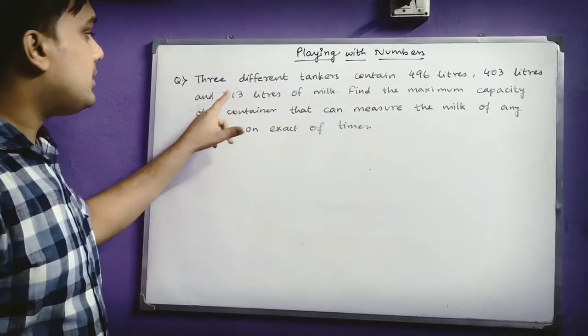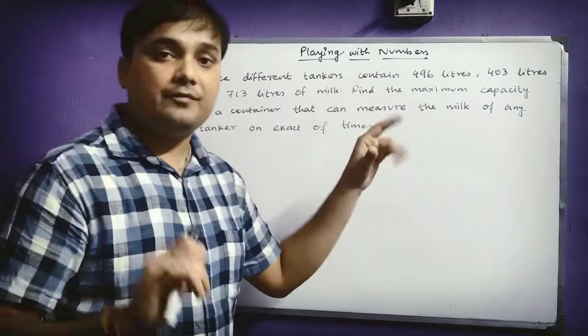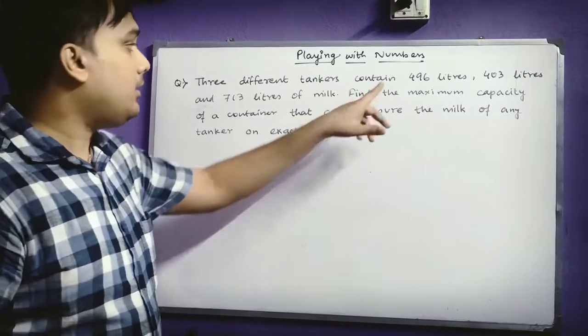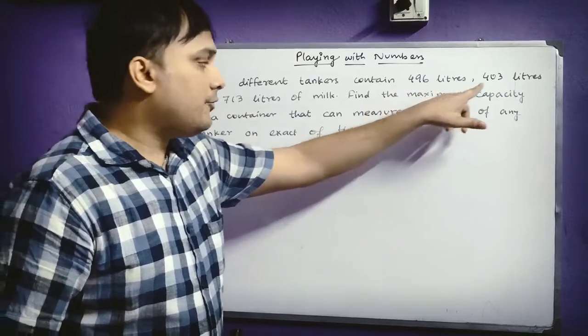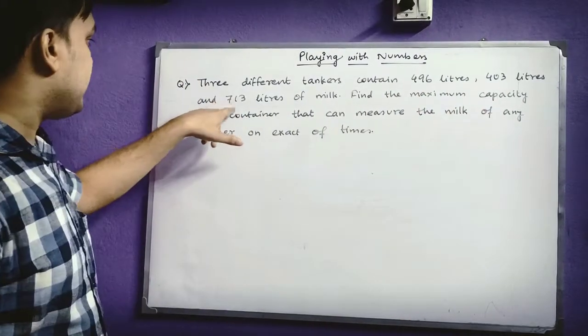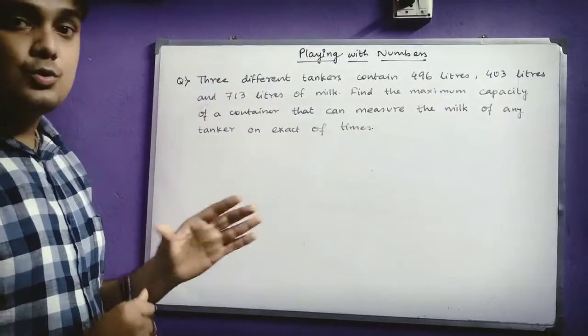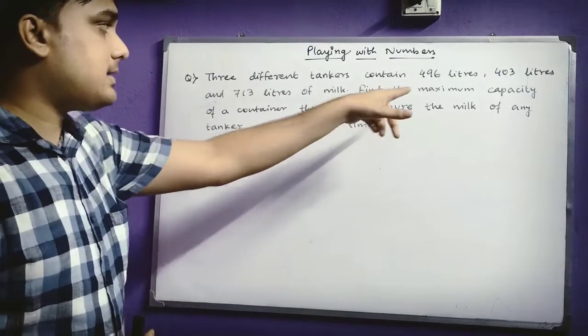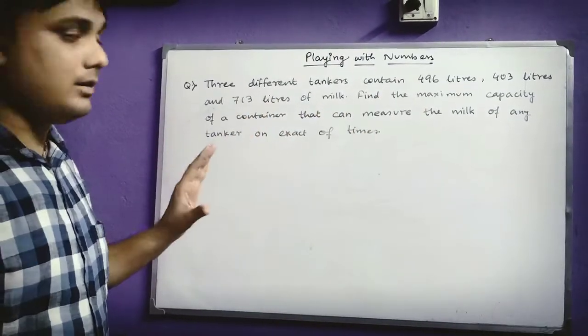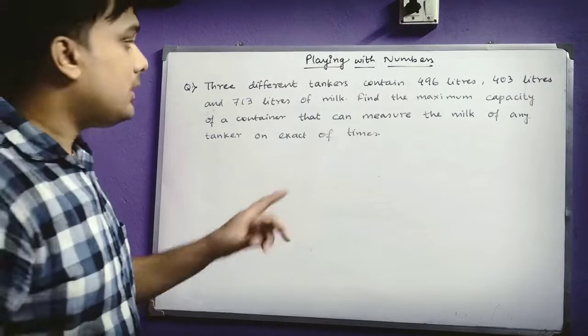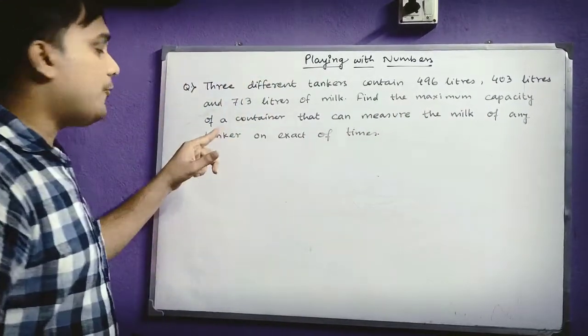There are three different tankers which can contain 496 liters, 403 liters and 713 liters of milk. So in the three different tankers, this amount of milk is there. We need to find the maximum capacity of a container.